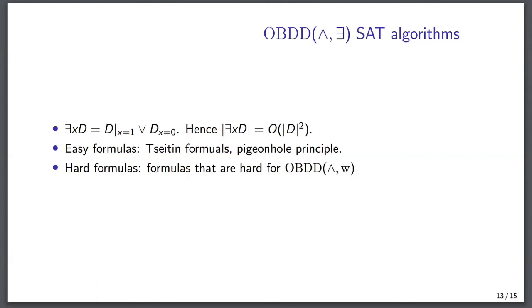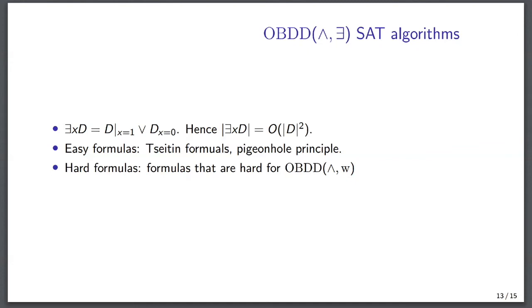I want to motivate with this example that if you start with the wrong order of variables, it may be a good idea to change it dynamically and understand which order would be better. And there are no known hard formulas for such algorithms. Formulas that are hard for this proof system were proved by Krajicek. For the pigeonhole principle, it's absolutely symmetric.